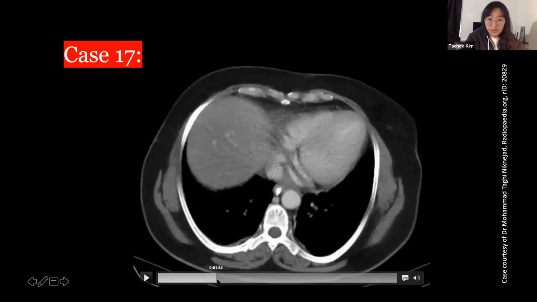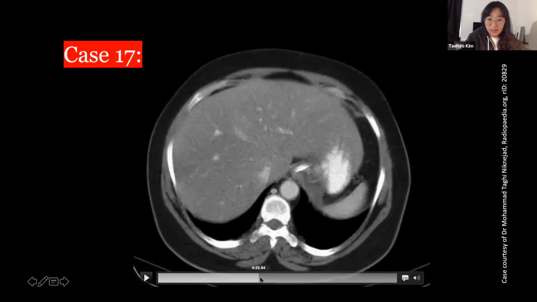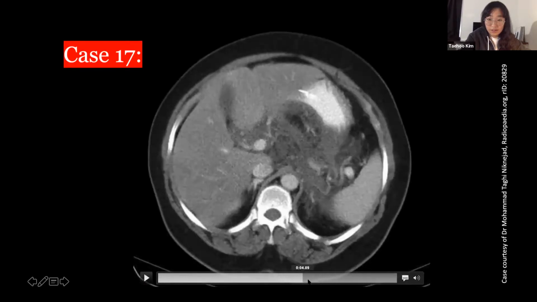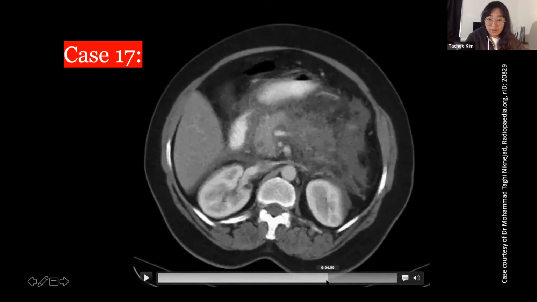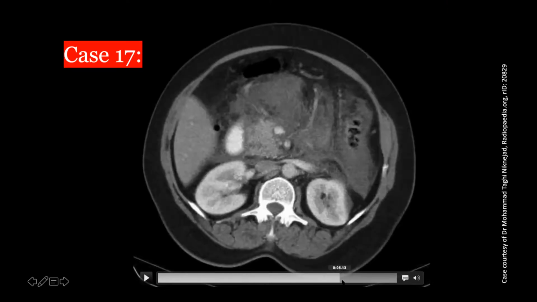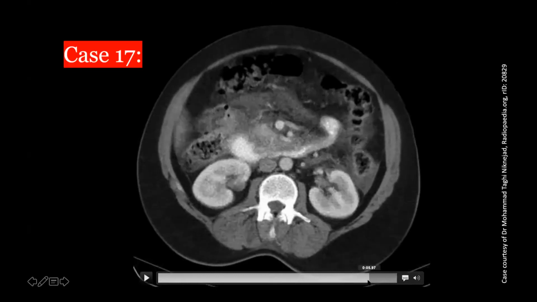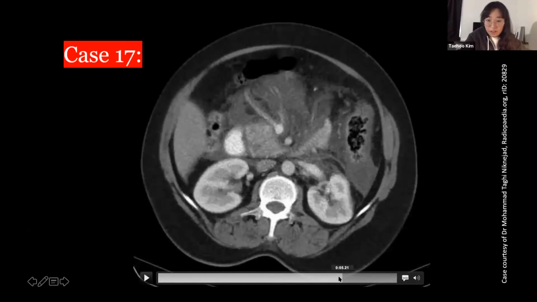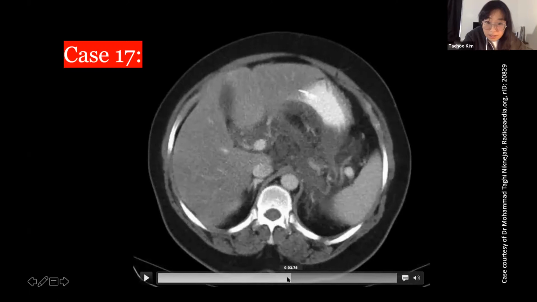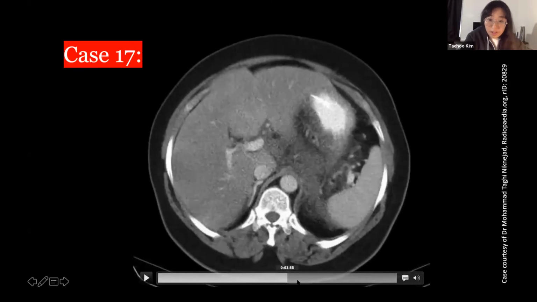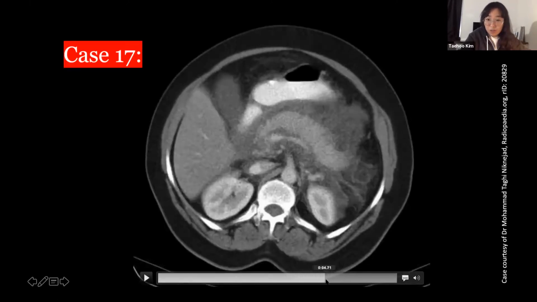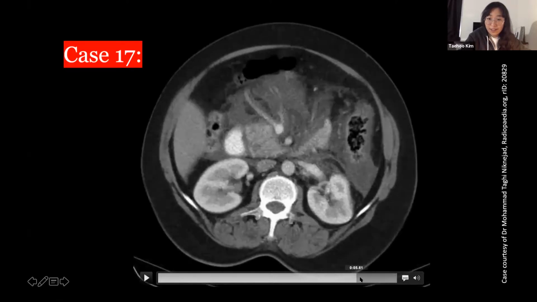So do you see fat stranding? Just another pancreatitis. Here, was this the one with CBD dilation? No, okay. So I just want to show you more marked pancreatitis here.